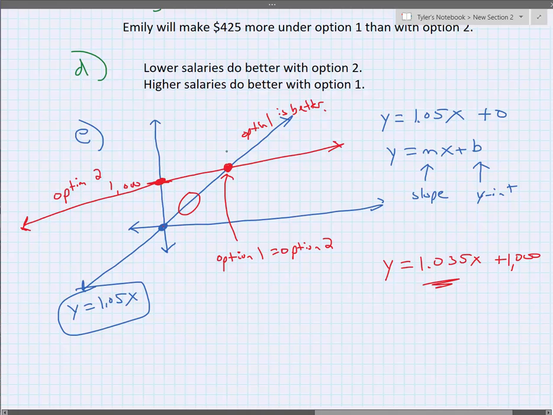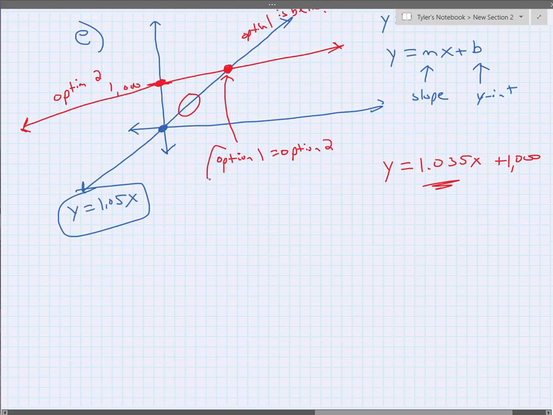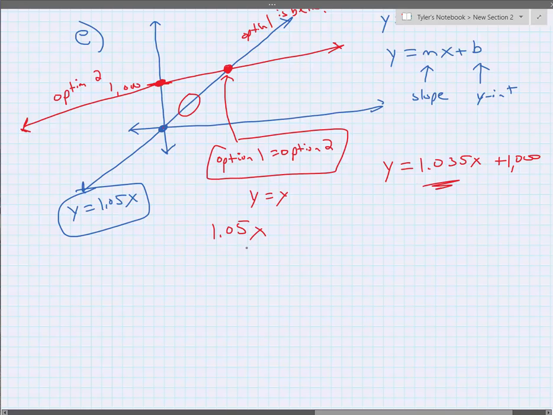Right, so we can actually find this value. We can do it algebraically pretty easily. So we can just use this idea: option 1 equals option 2. In other words, set their y's equal to each other and figure out what x value would make their y's equal. So option 1 we had 1.05x, and option 2 we had 1.035x plus 1,000. So there's option 1 equals option 2, and we just need to solve for x.